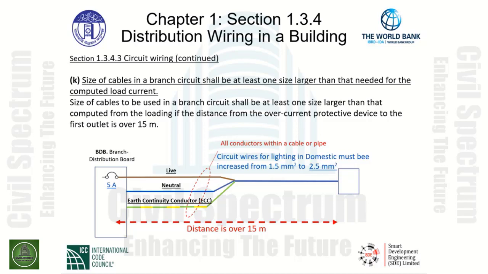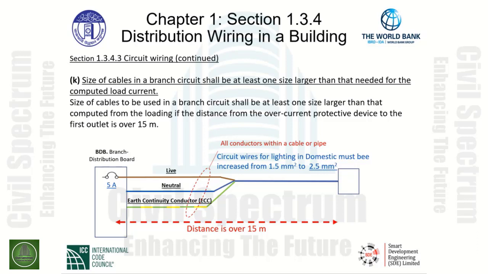So for a general lighting circuit in a domestic or residential type occupancy, we were given the minimum wire size we could use as 1.5 square millimeters. We must increase this wire size up 1, which would be 2.5 square millimeters due to the distance being over 15 meters.